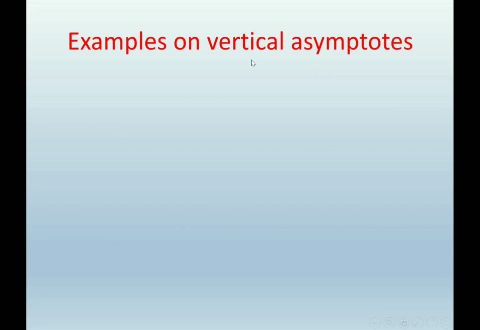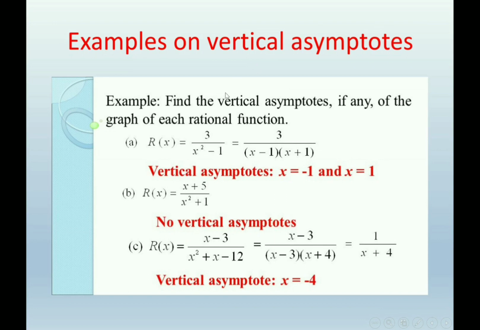Examples on vertical asymptotes. Find the vertical asymptotes, if any, of the graph of each rational function. A. R of x equals 3 over x squared minus 1. For any vertical asymptotes, you need to factorize the denominator and equate it to 0.